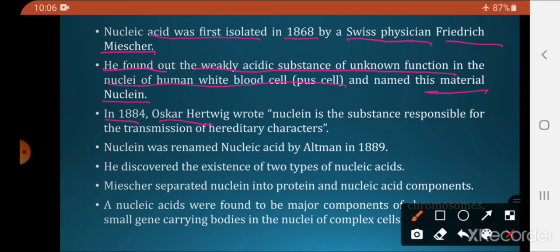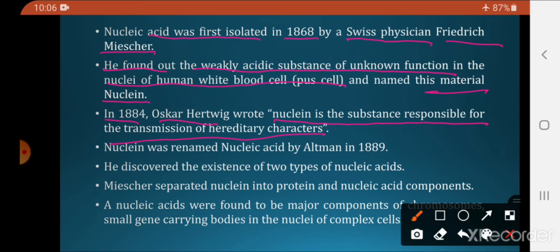In 1884, Oscar Hertwig wrote that nuclein is the substance which is responsible for transmission of hereditary characters. In 1868, Friedrich Miescher found the acidic substance in the nuclei of the white blood cell and named it nuclein.